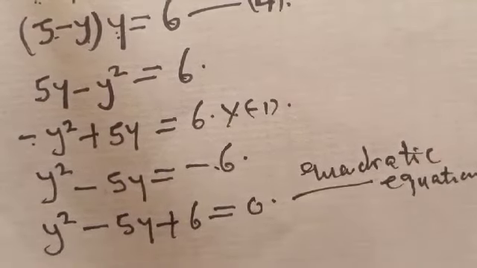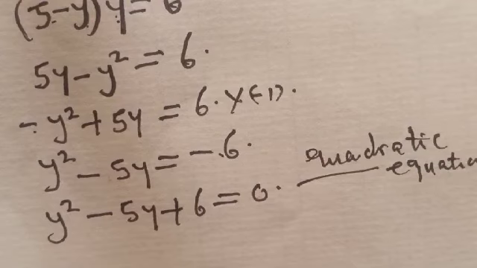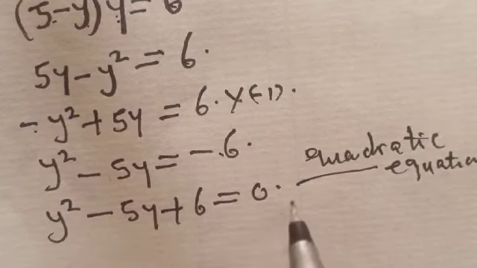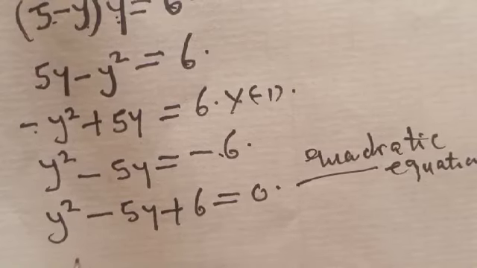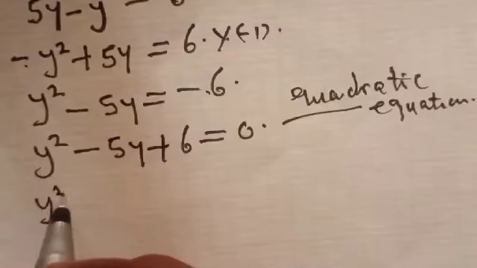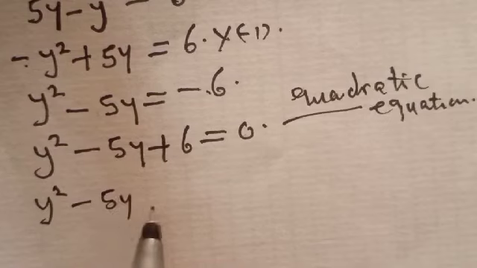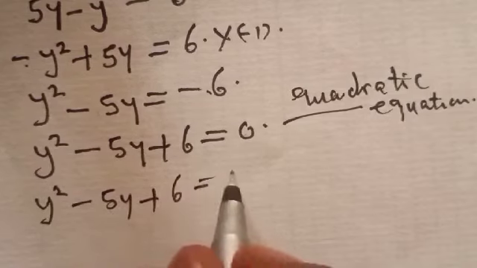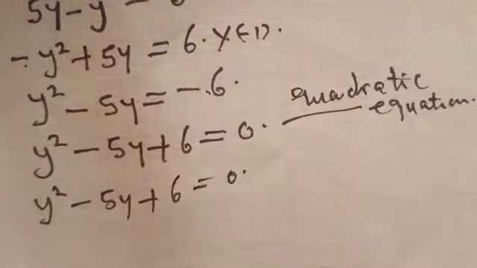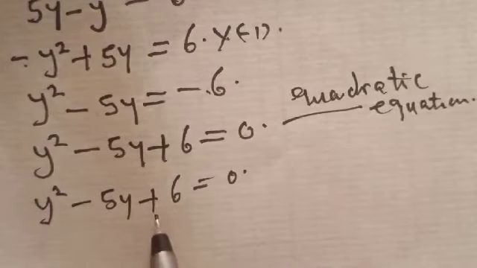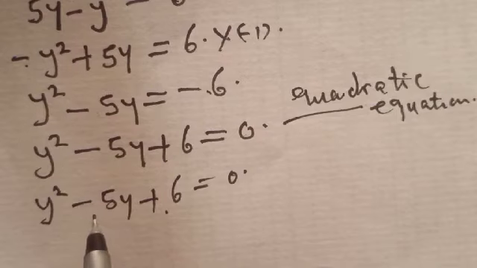Now let's solve our quadratic equation. We are looking for the value of y from this equation. Now we have y squared minus 5y plus 6 is equal to 0. Let's look for two values that you can multiply together such that it will give you plus 6, and when you add them together it will give you minus 5.